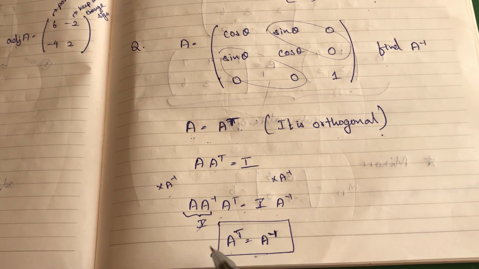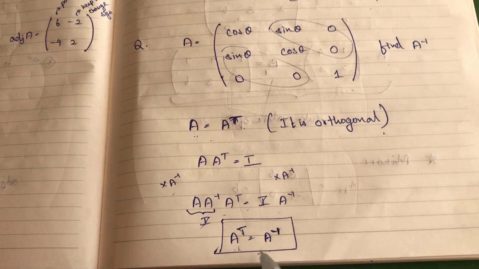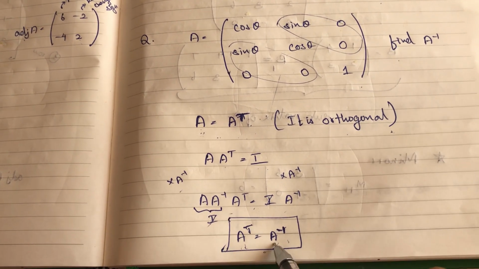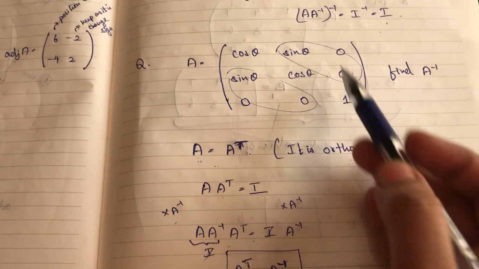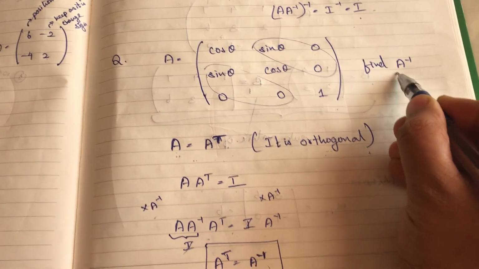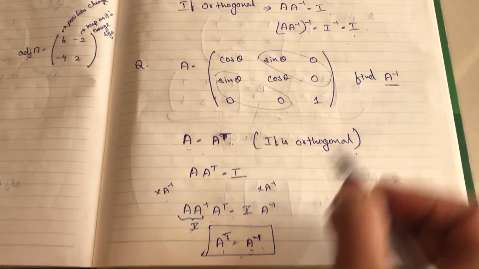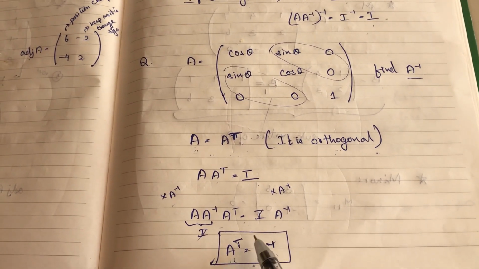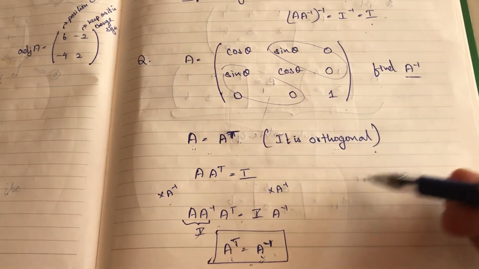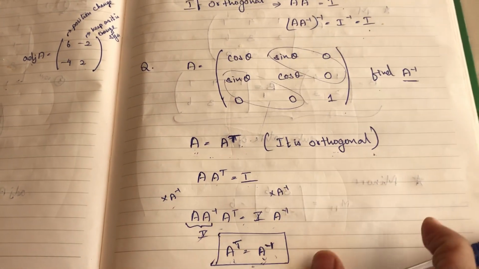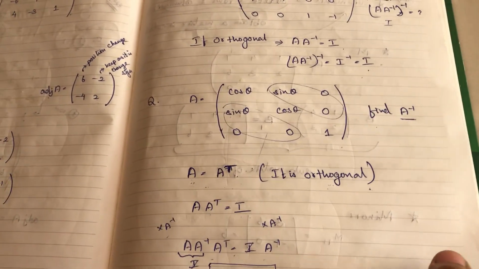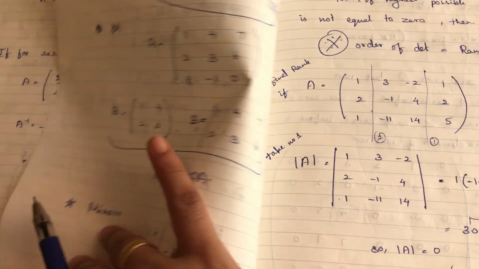This is a condition. We have already seen that if A transpose is equal to A inverse, it means A should be an orthogonal matrix. We know that A is an orthogonal matrix. They have asked A inverse. So, A inverse is nothing but A transpose. So, we are using the condition to find the A transpose. So, it's also a sum which will be asked in 2 more questions.